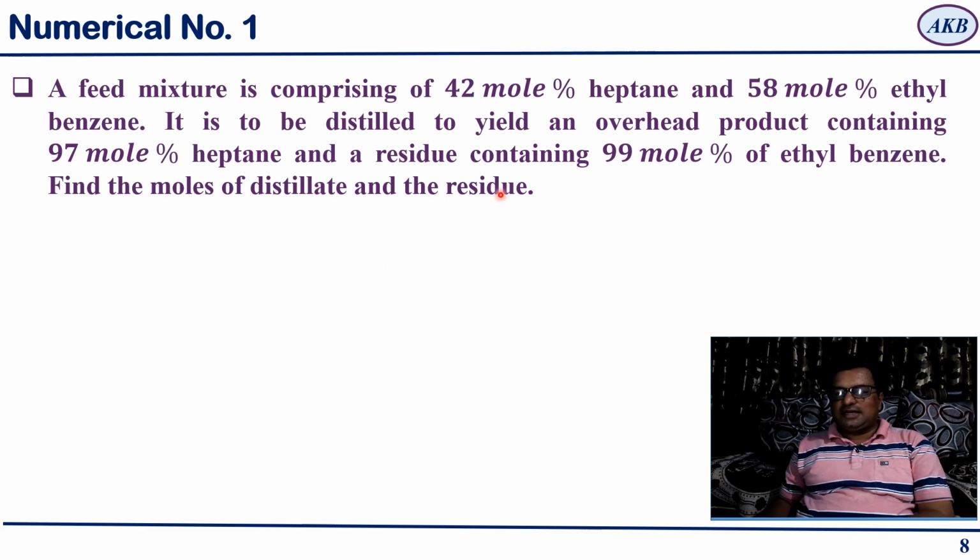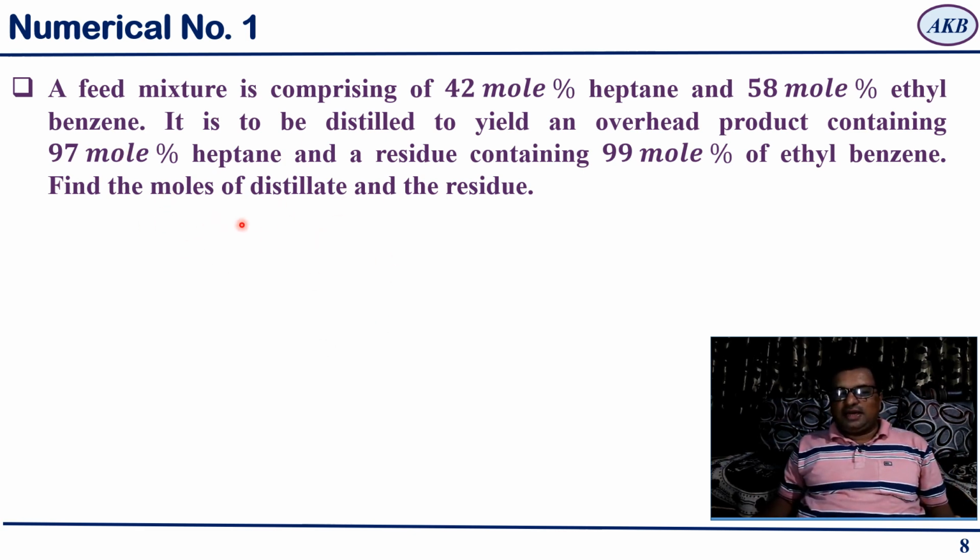Okay. So as usual, my suggestion is if you have to solve any numerical, you first read the given statement carefully and try to collect the given information. First try to collect the given information, and then you organize your calculation so that you get the desired result.